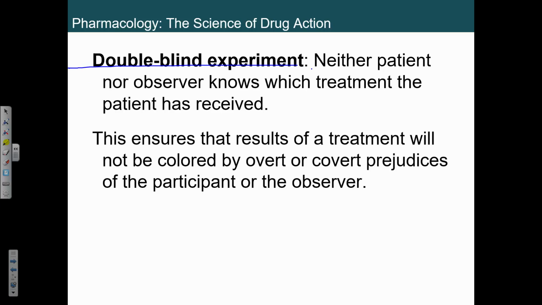That way nobody knows what's going on, right? Because if somebody knows what's going on, they can obviously influence the way that you feel about something, and then they can affect your expectations, which, as we just discussed, can have an effect on the outcome. So anytime you do research, you should never know what's going on. You should always be completely blind.